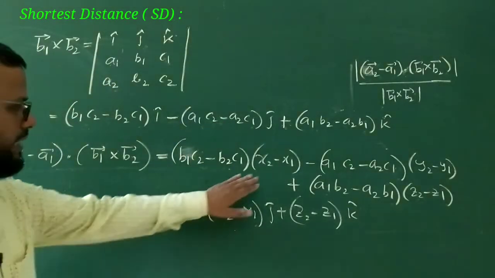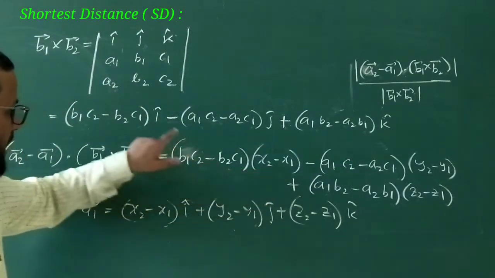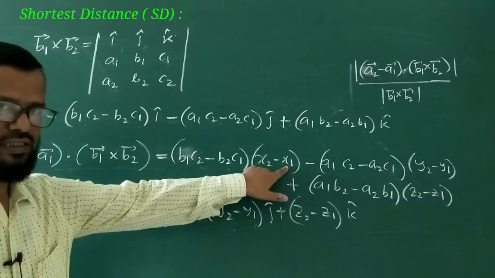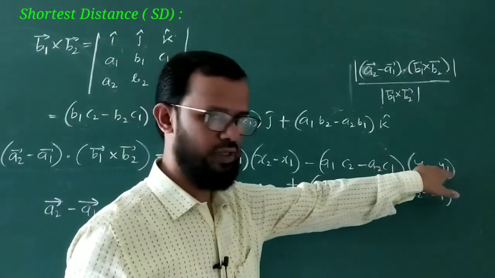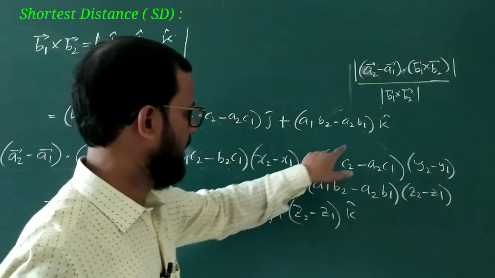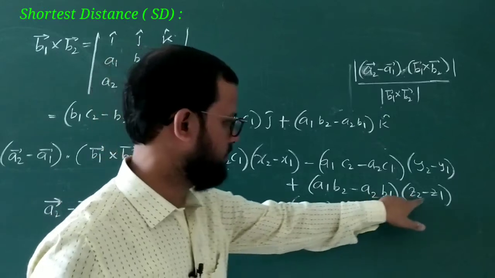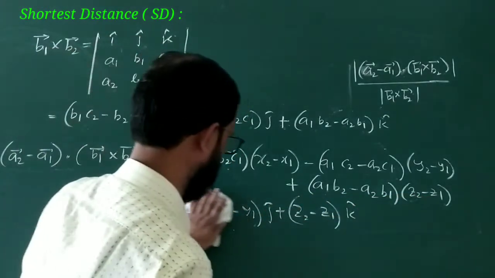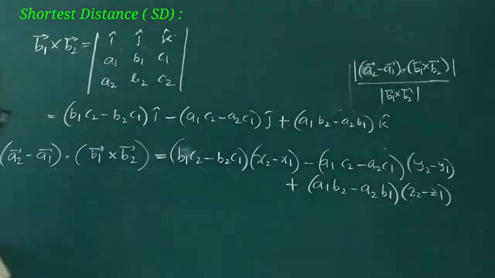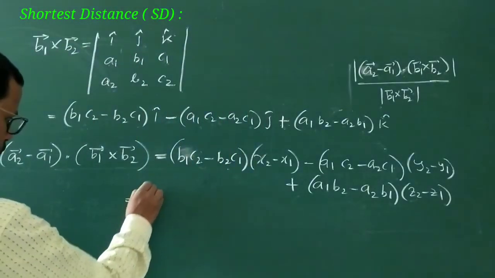The only thing is that i is replaced by x2 minus x1, j is replaced by y2 minus y1, and k is replaced by z2 minus z1, and the remaining are all the same. So this particular expression can be written like that.